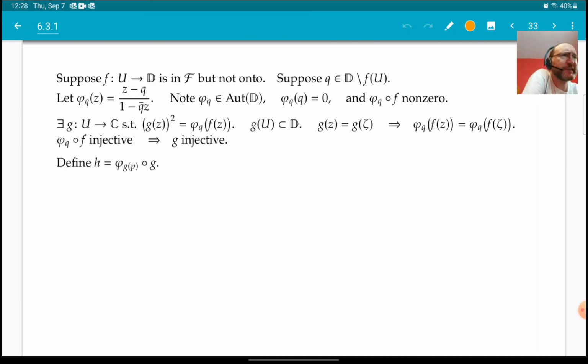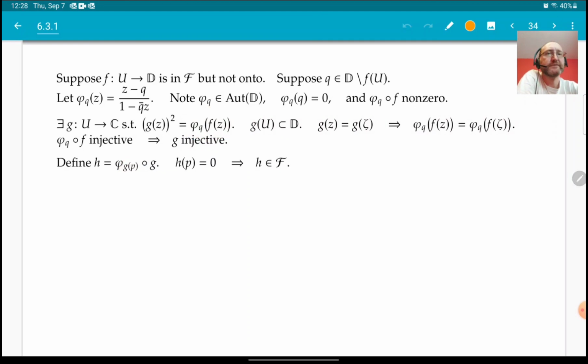All right. So now define h. This is going to be the thing that has a larger derivative. So this h is, well, let's take this g, which is the square root of this guy, and let's compose it with phi, but now we're taking g of p to 0. That will take p to 0, because g will take p to g of p, and then phi of g of p will take it to 0.